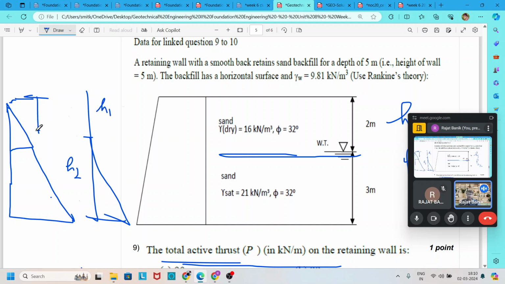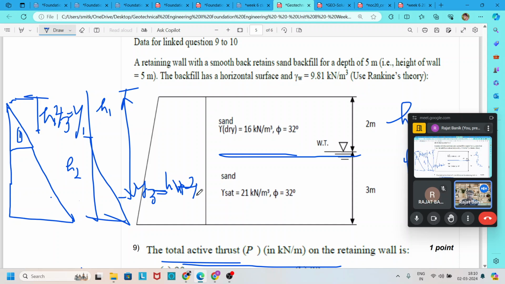For area 1, it is h1 by 3, so y1 is equal to 2h1 by 3. From here to here it is y3, which is equal to h1 plus 2 by 3 h2.